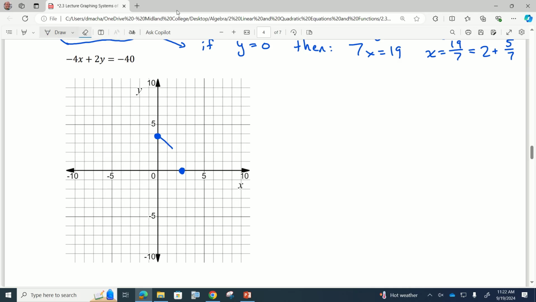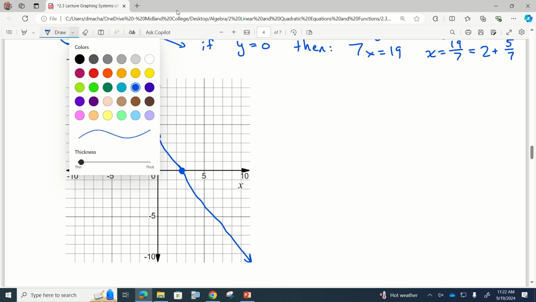Oh, that's pretty bad. I'm going to try to connect the dots, and then try to extend this line as straight as I possibly can make it. Hopefully it's good enough. Usually it's not good enough unless you're using a straight edge. It's really hard to draw straight lines.